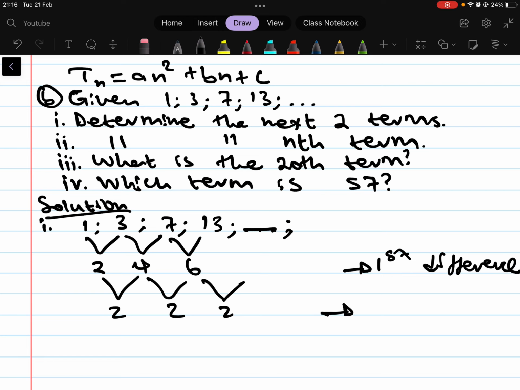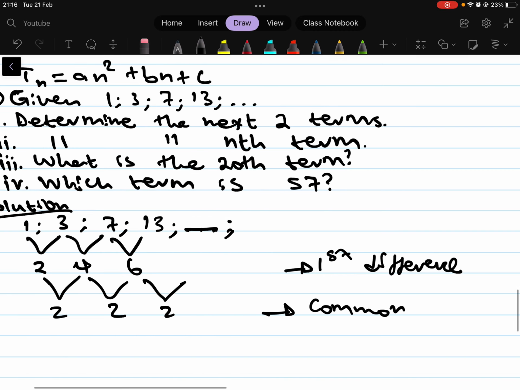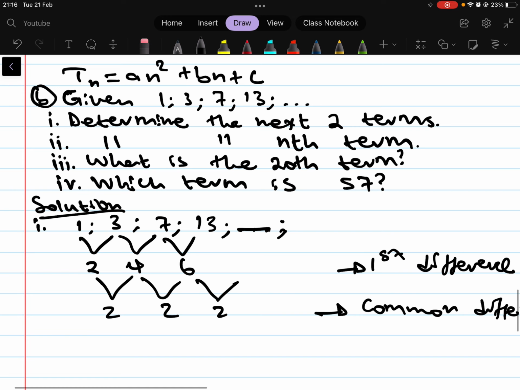Then the second one is the common difference, which is the second difference. So the first is a linear number pattern, which means it has a common difference like that. Then we just keep adding that common difference to get to the next term in the first row.